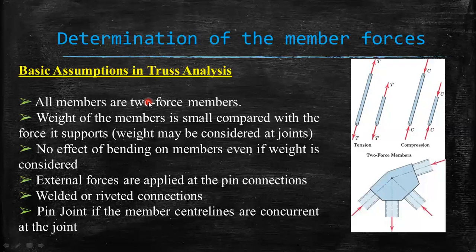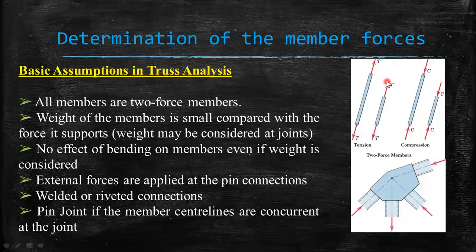There are certain assumptions based on which we determine whether that particular structure is a truss structure or not. So what are those assumptions? The first assumption is that all members are two force members. Like, this is one member, and suppose this is another member. All the members should be two force members.